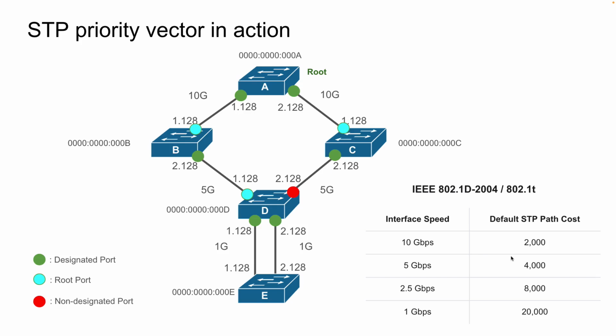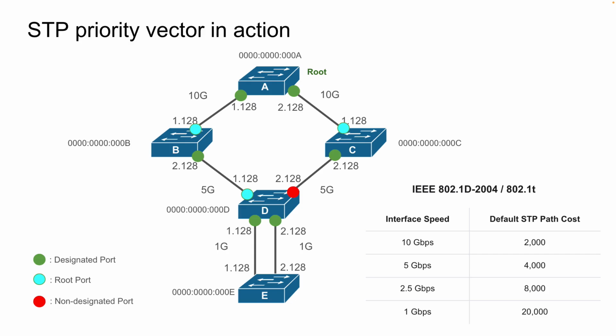Here I have copied the table from the IEEE 802.1D/2004/802.1t subsection, the default STP path costs corresponding to different interface speeds. So you can calculate that switch D receives a root path cost equal to 6,000 from both B and C. So RPC is a tie.